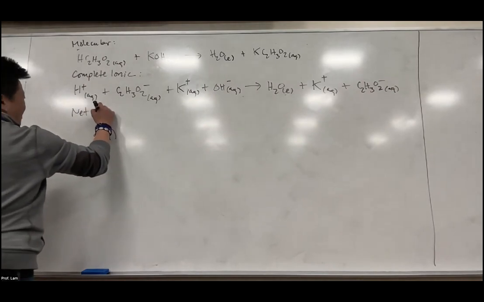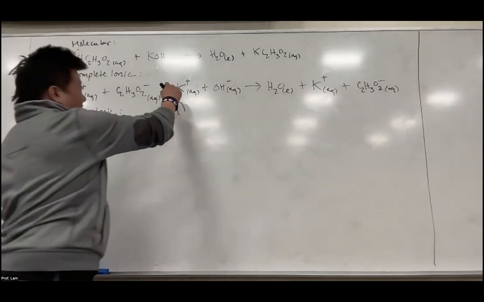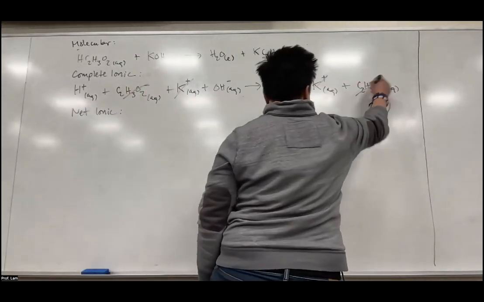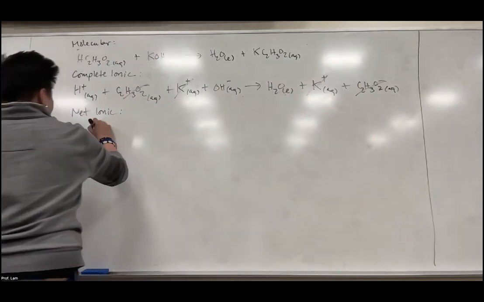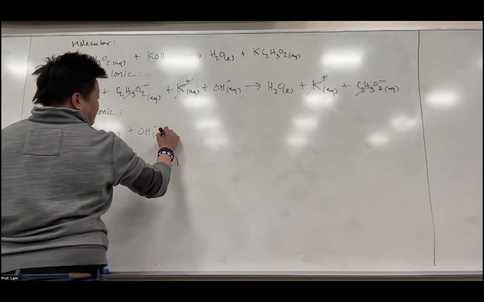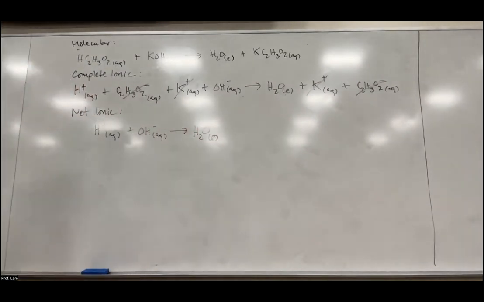And then we go to the net ionic. Okay. Cancel things that are the same on both sides out. Acetate, K plus, and then we'll have H plus aqueous plus OH minus aqueous goes to H2O liquid. Okay.